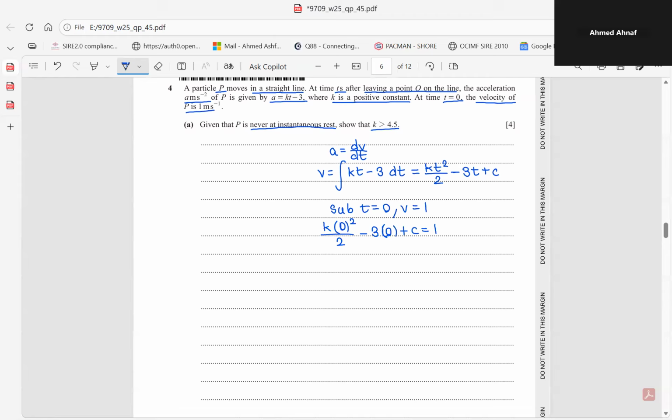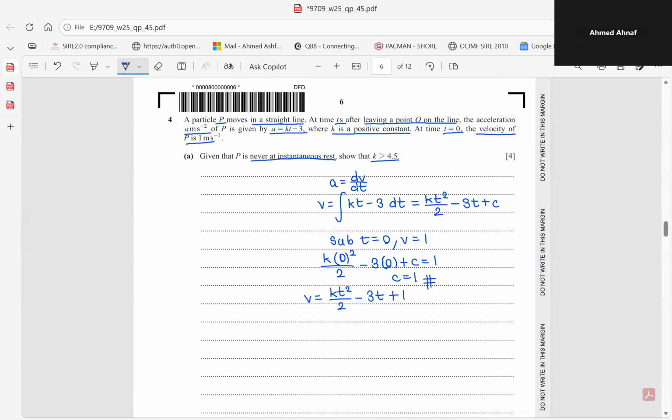So all this will be just 0, then you get c is equals to 1. So we got our constant. So v is just going to be kt squared over 2 minus 3t plus 1.